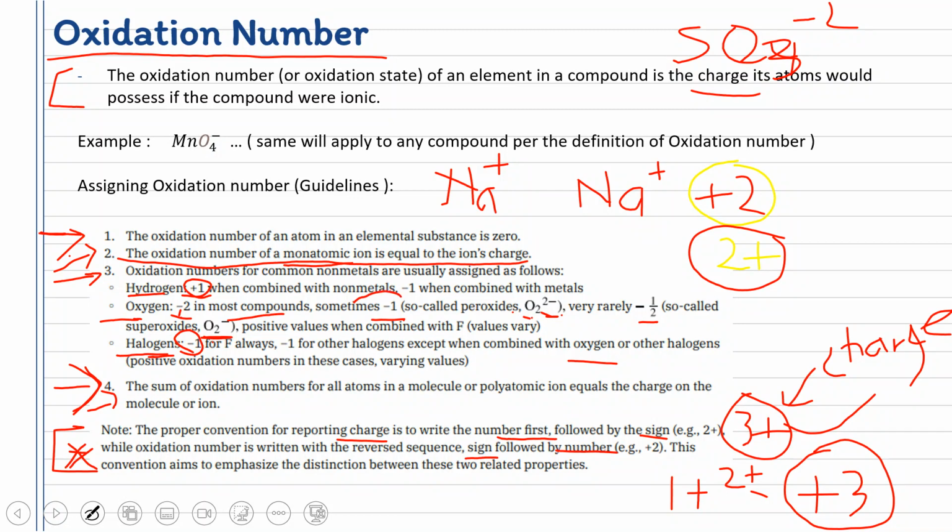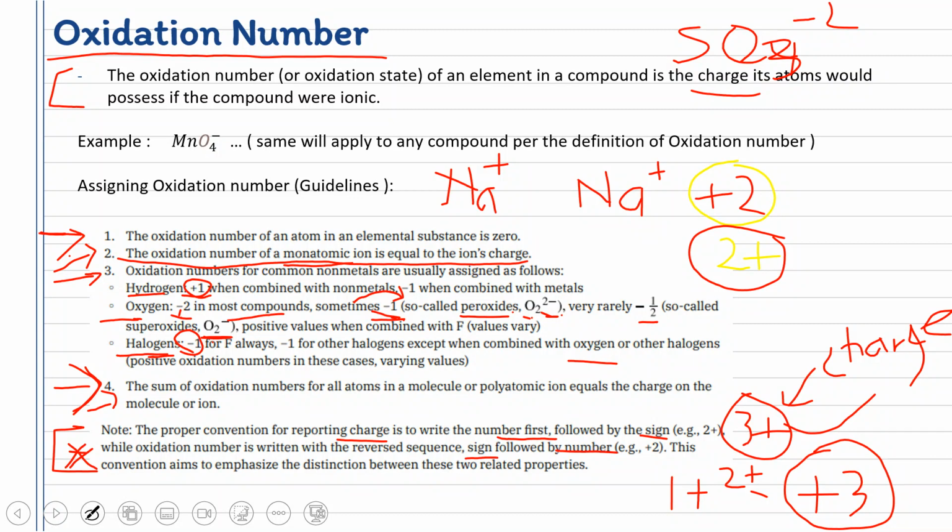Sometimes it's going to be -1 in a compound called a peroxide. So when we have oxygen as a peroxide, its oxidation number is not -2. Its oxidation number is -1. That's what we're seeing here. Keep that in mind. That's very important.